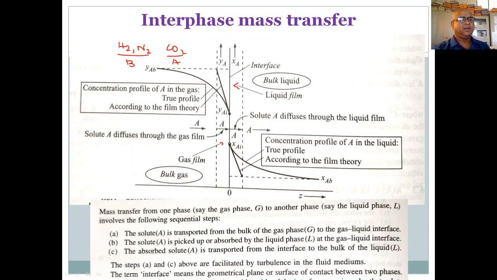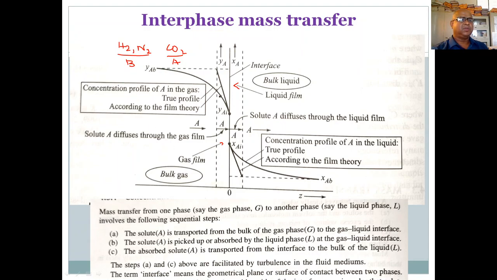Then in the liquid phase, it will diffuse from the interface to the bulk concentration of the liquid. So mass transfer from one phase, say gas phase, G phase, to another phase, say liquid phase, L phase, involves the following sequential steps. The solute A is transported from the bulk of the gas phase to the gas-liquid interface.